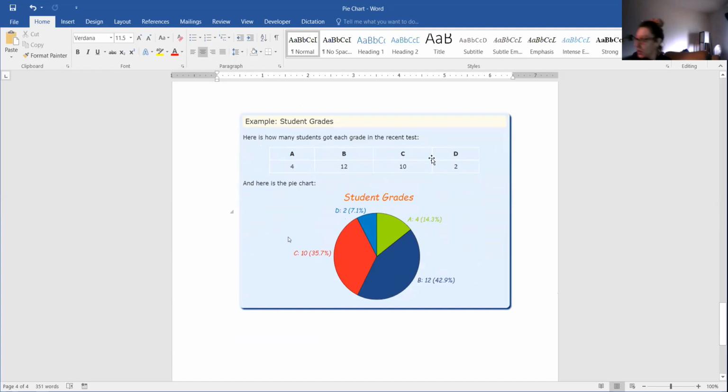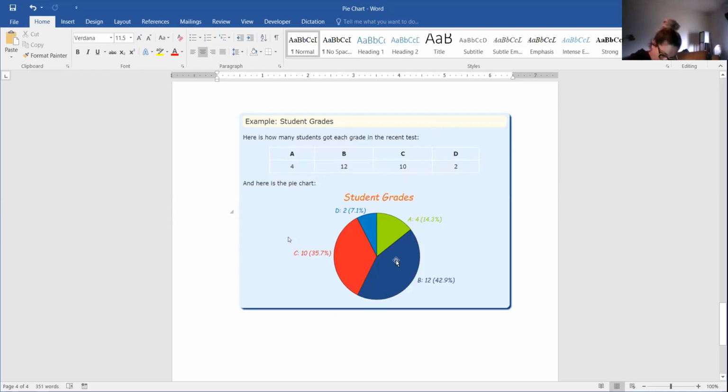This, by the way, assumes that there are only the 4 different grades, that none of the students failed on this test. When you're structuring a pie chart, it assumes that the data that you have is 100% of the data. So again, it's really obvious the biggest chunk of this is the B.